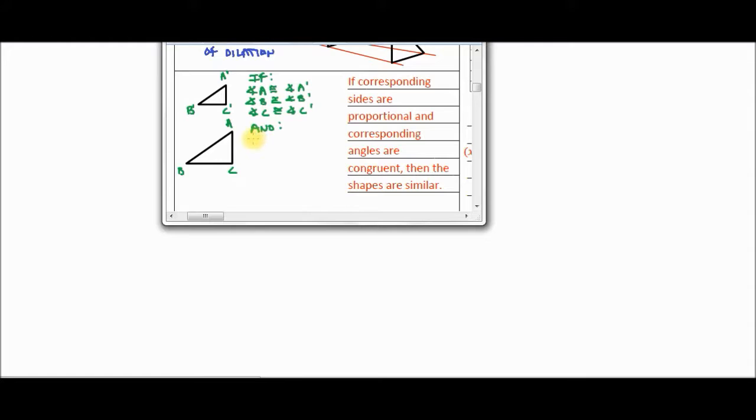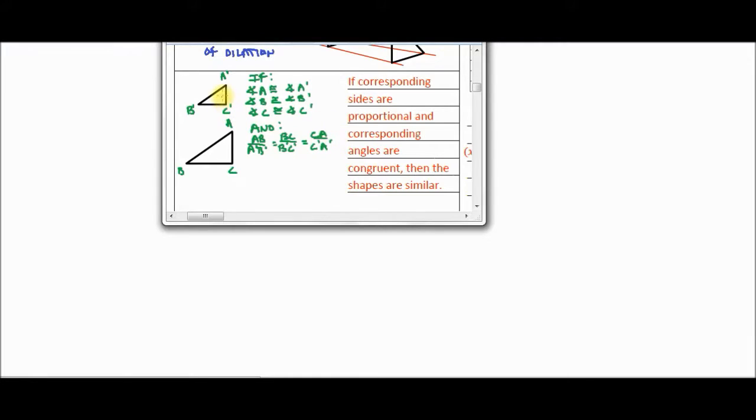Therefore, the ratio of AB to A prime B prime is equal to the ratio of BC to B prime C prime, and the ratio of CA to C prime A prime. If all of those ratios are the same, then you've just proven the sides are proportional.